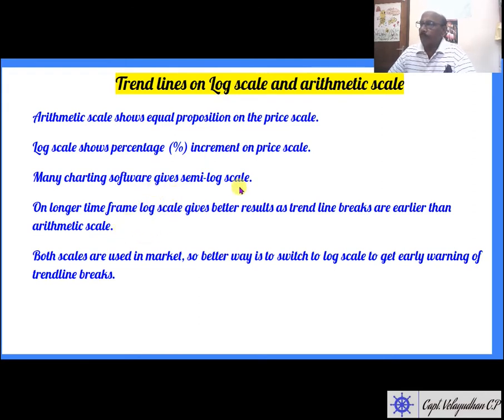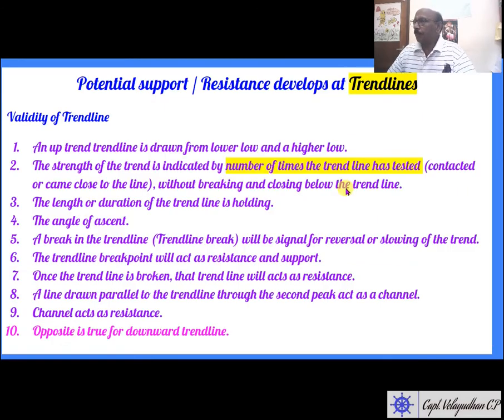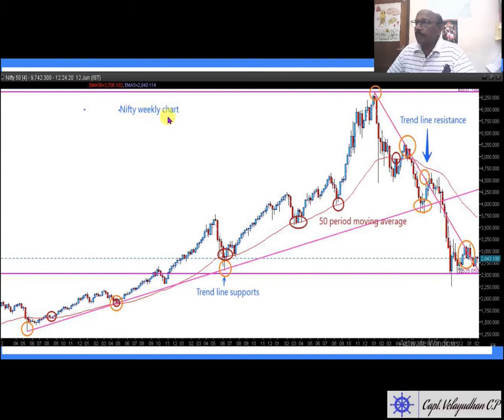I'll show you what is arithmetic scale. This chart we just explained is an arithmetic chart. You can see the scale is equally spaced. The difference between each point is 250. Here 250, 250, 250.